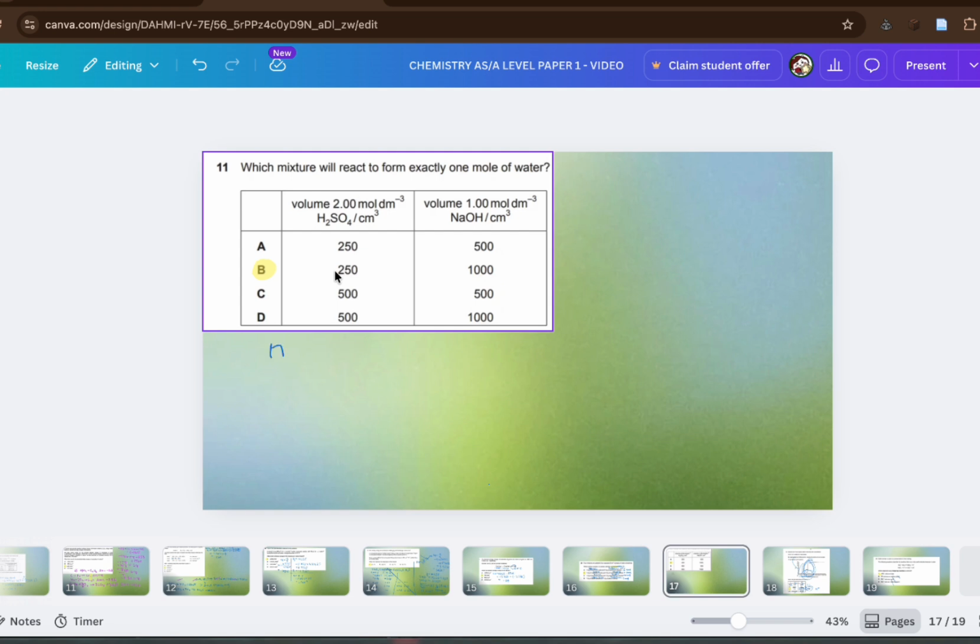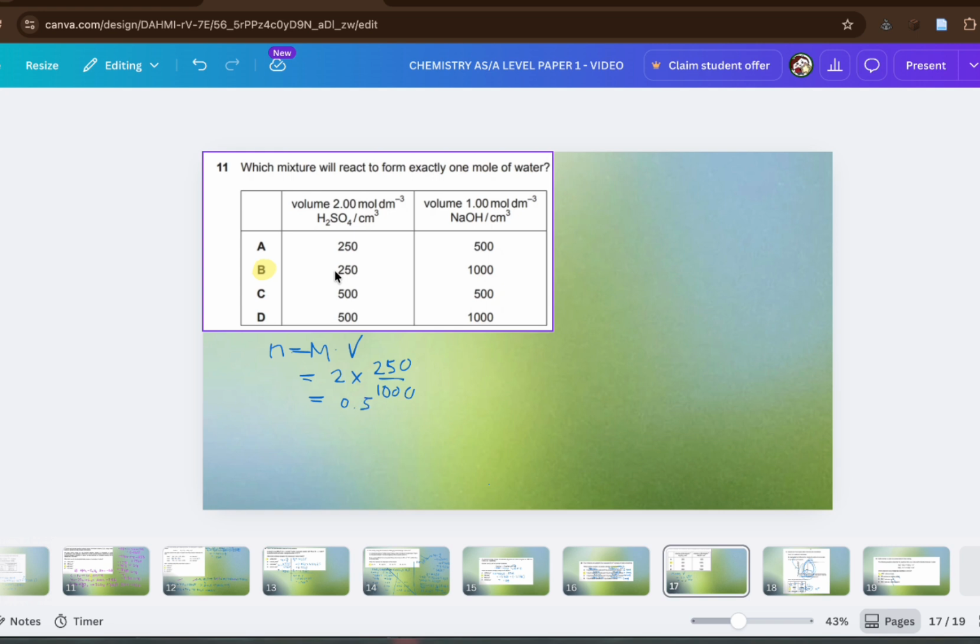So, to find it, we have to multiply the volume with the concentration. Because it's in cubic centimeters, you have to divide it by 1,000. So it's 2 times 250 divided by 1,000, which results in 0.5.